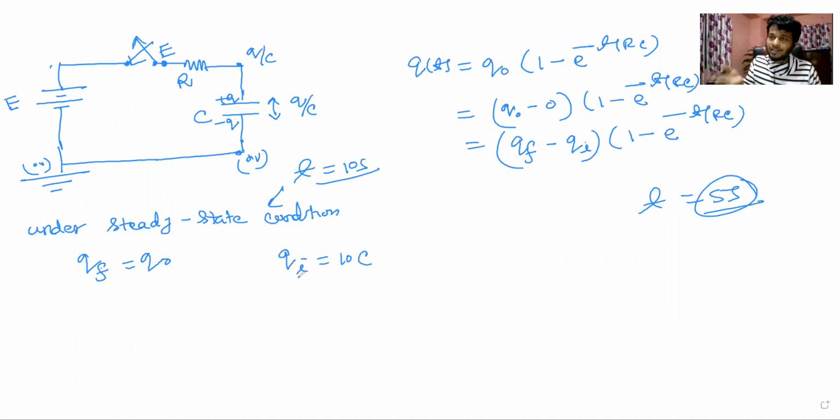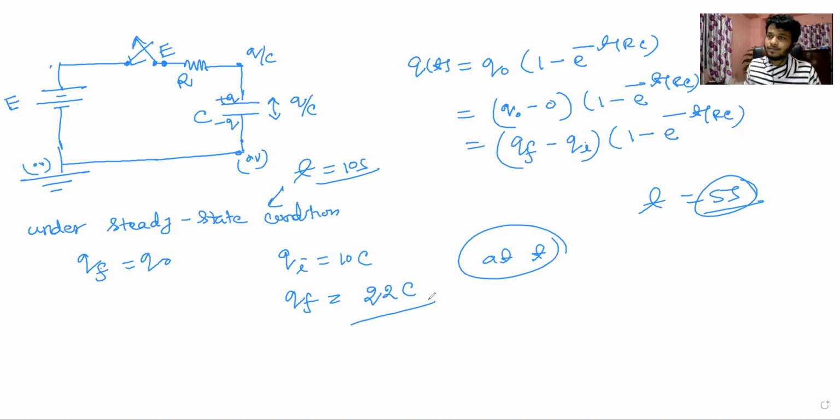At time t, QF equals, suppose, 22 coulomb. Now, how much charge has the capacitor gained? 12.